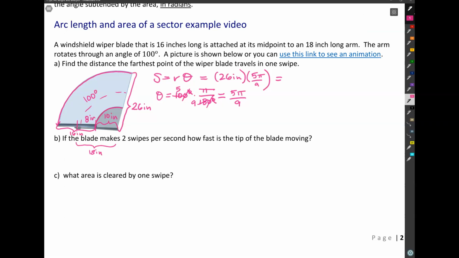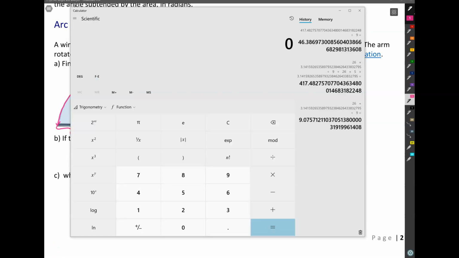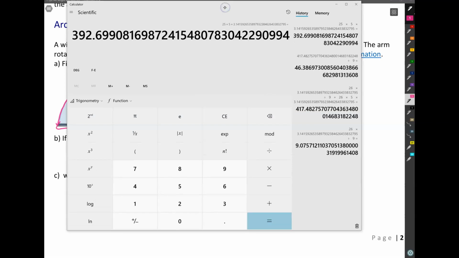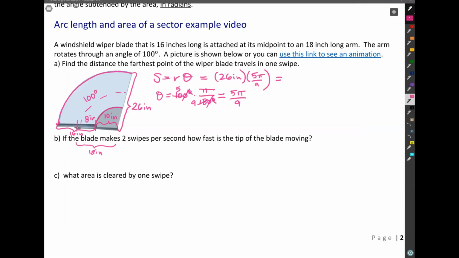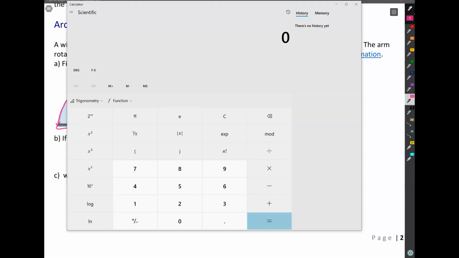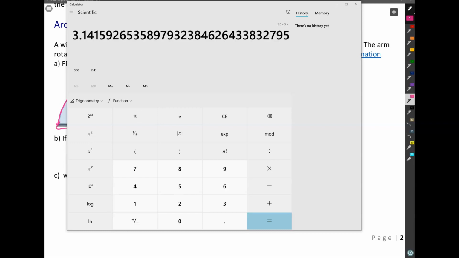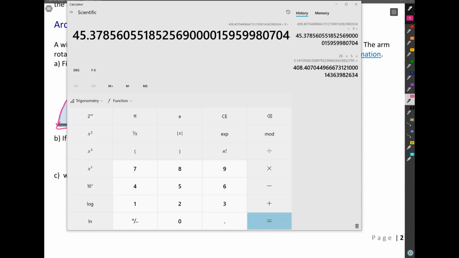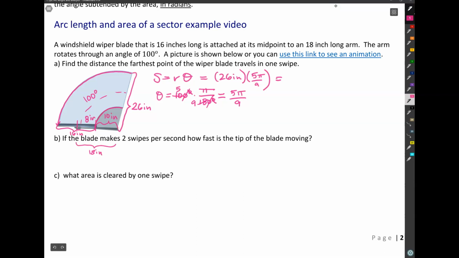On my calculator, these ones are always a pain. Okay, so let's see if I can get this right on the scientific calculator. 26 times 5 times pi, which is 130 pi, divided by 9, is about 45.4 inches. So let's make that approximate.